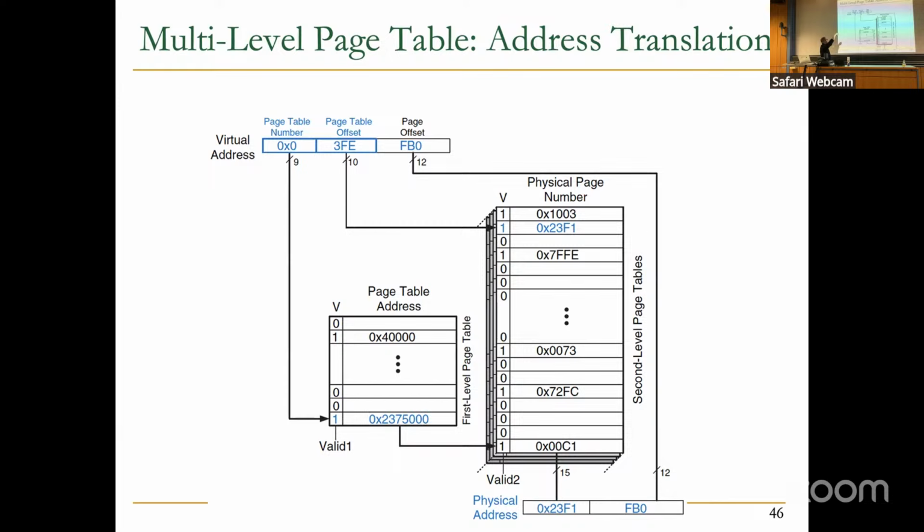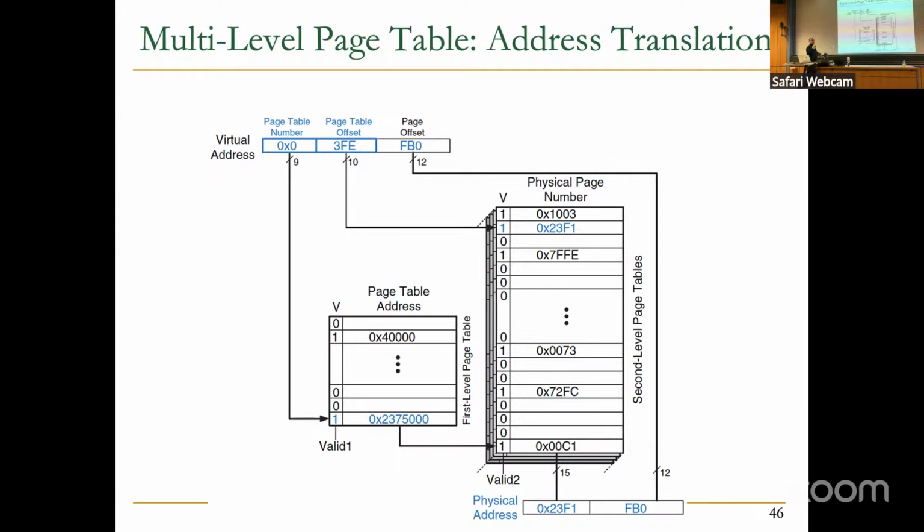For example, here we have the page table number being 0x0. So we go to the first entry, right? And we're saying, oh, this is a valid page table region, which means that you need to allocate the second level of the page table. So we get the pointer to the second level of the page table, and we find out the final pointer to our physical address.